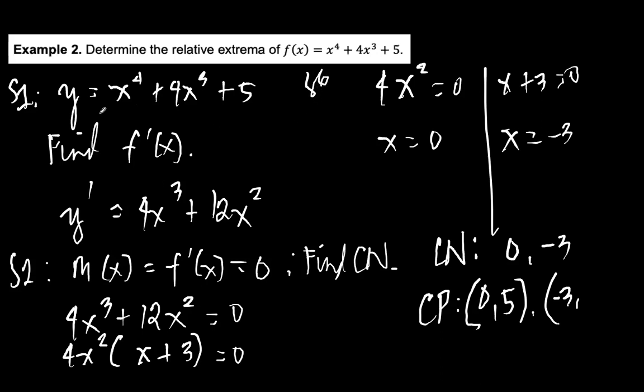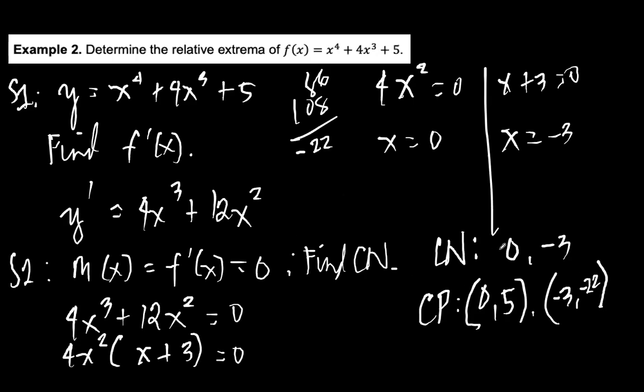So 3, 81, 27, 108, negative 108, 86, negative 22. Tama ba? So negative 22. Ayan na naman tayo, arithmetic na naman. I-check nyo mga class kung tama yan.